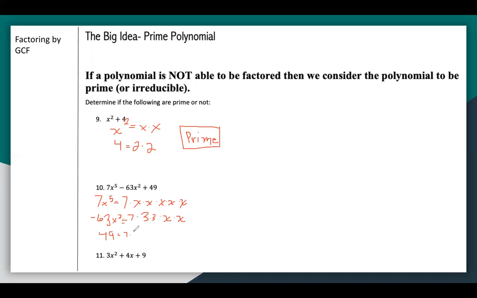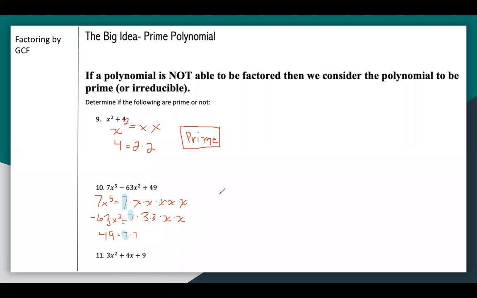is 7 times 7. And so what we can initially see here is the greatest common factor is going to be 7. 7 is in all three. Only one 7 though.